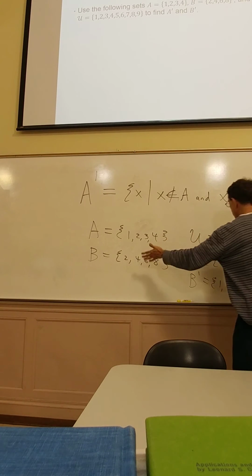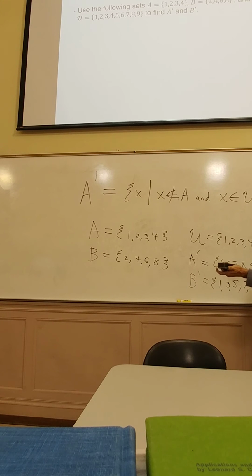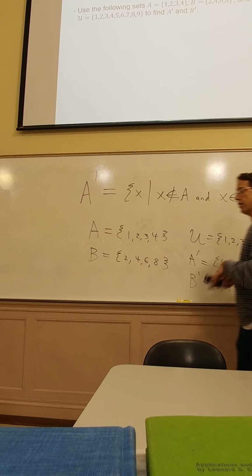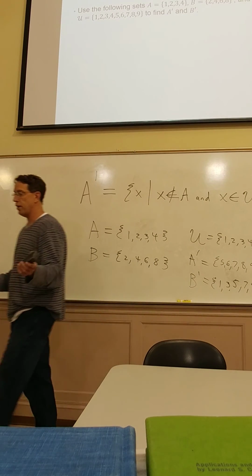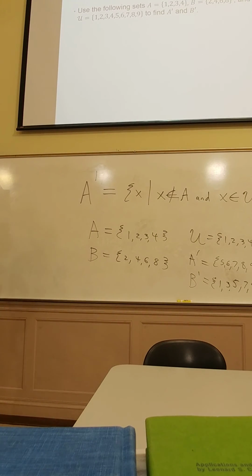Another way to think about it is you could just take U and remove 2, 4, 6, and 8, and then what do you got? Well, you got 1, 3, 5, 7, and 9. So either way, you could think about plucking out the elements that aren't in B, or you can remove B from U, and that will give it to you.